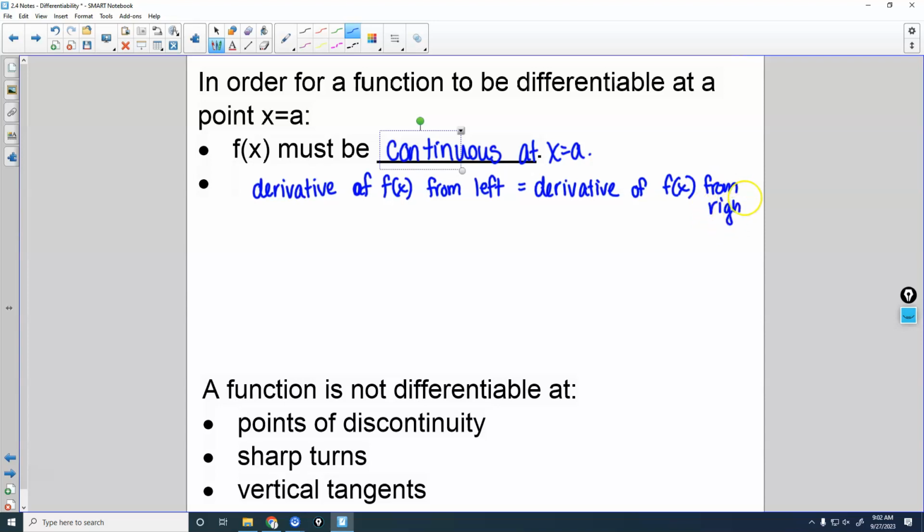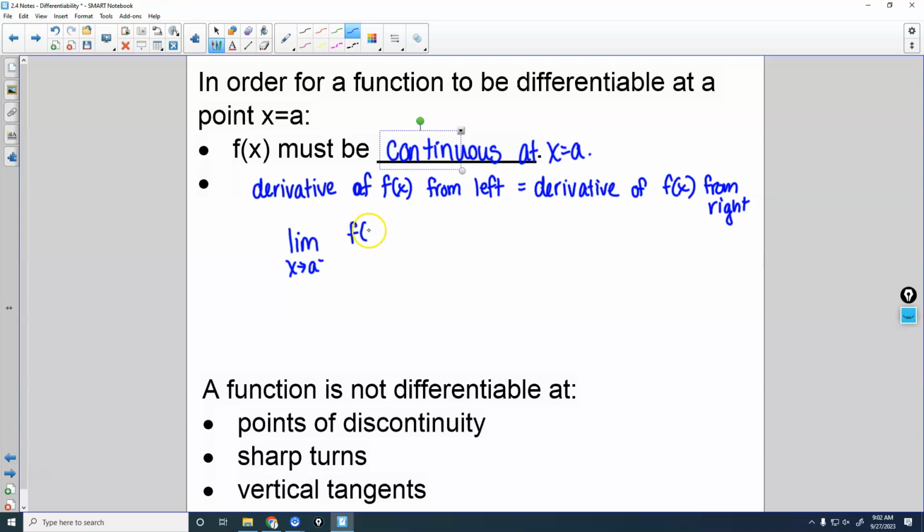Now, we can't really write this out. There's not really notation for that. We can't really do this without using limit notation here, because limit notation is how we show that something is coming from the left side or the right side. So what we need is the limit as x approaches a from the left of, we're going to use that limit definition of a derivative at a point that you may have already blocked out of your mind.